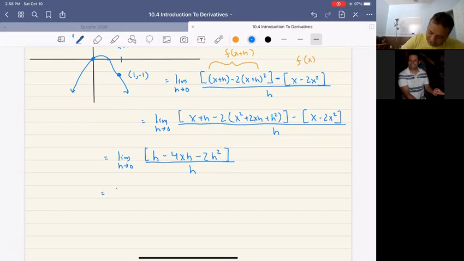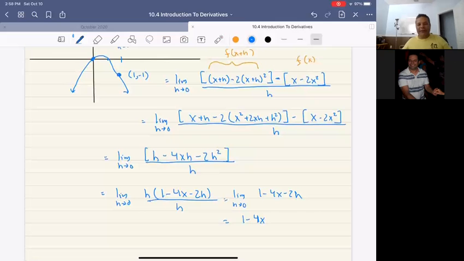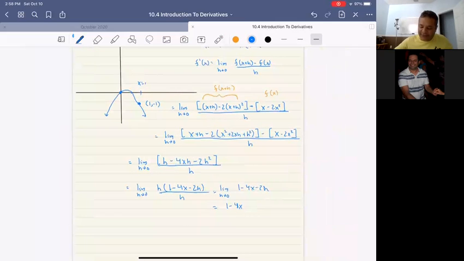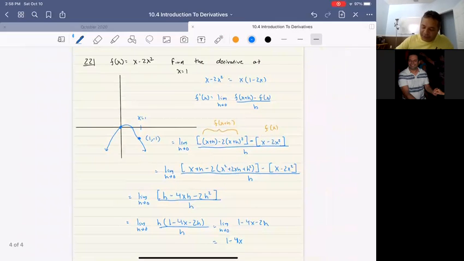So limit as h goes to 0. Let's factor it out: 1 minus 4x minus 2h, divided by h. Now they cancel, and we get 1 minus 4x. Now it asks us to find the f prime at x equals 1.